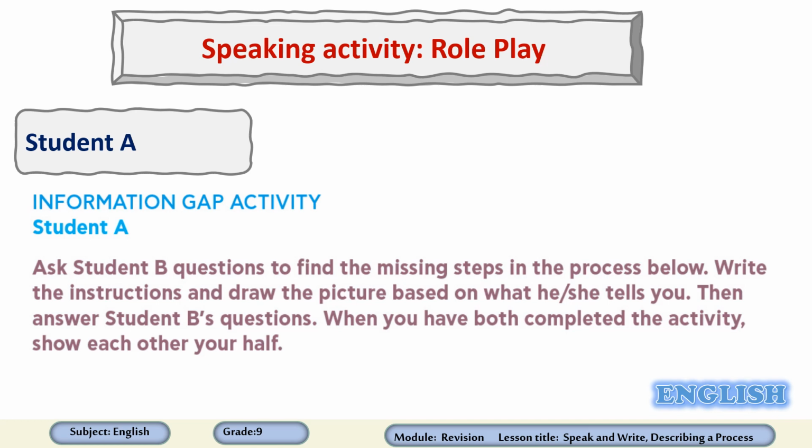Ask Student B questions to find the missing steps in the process below. Write the instructions and draw the pictures based on what he or she tells you. Then answer Student B's questions. When you have both completed the activity, show each other your half.